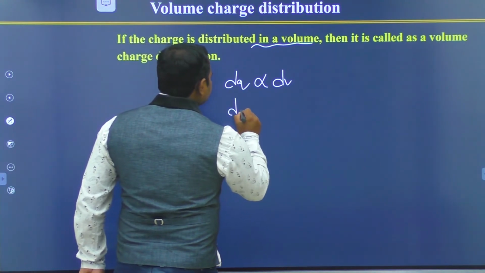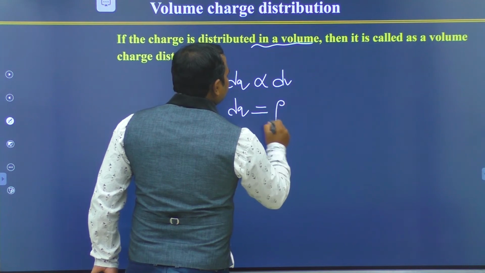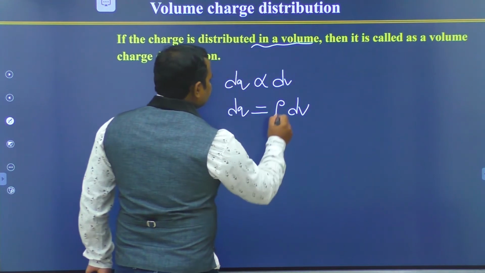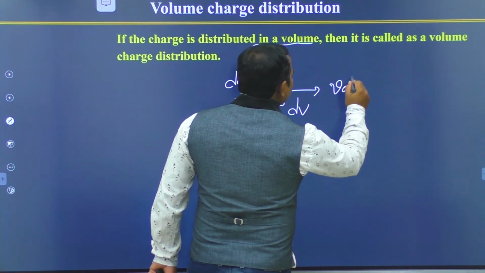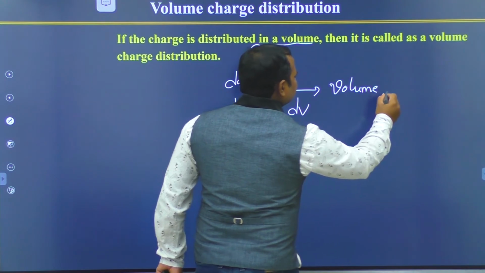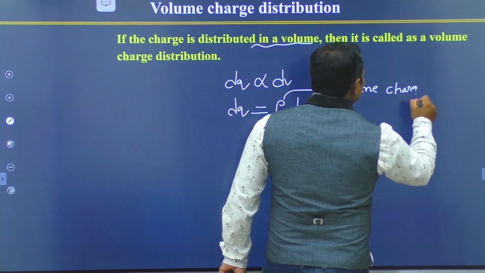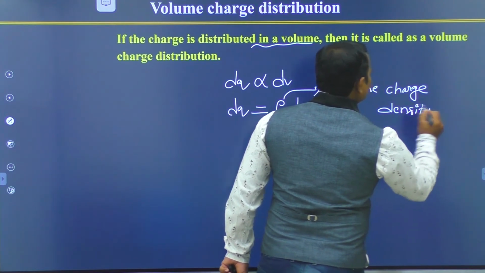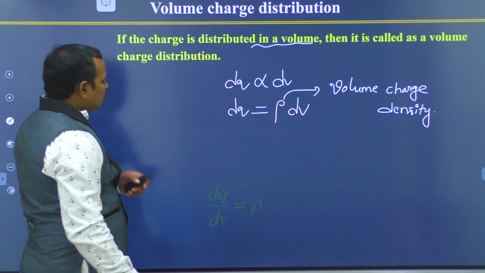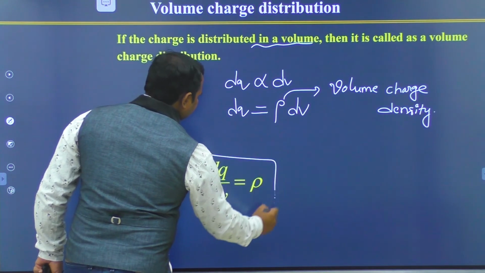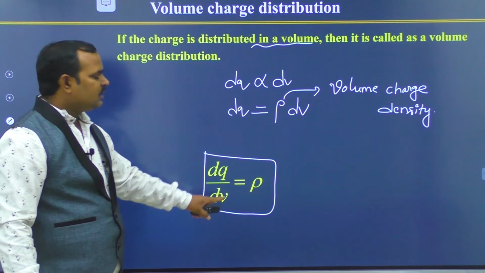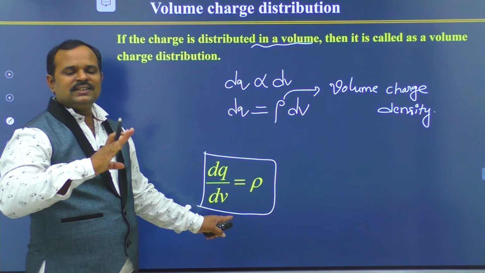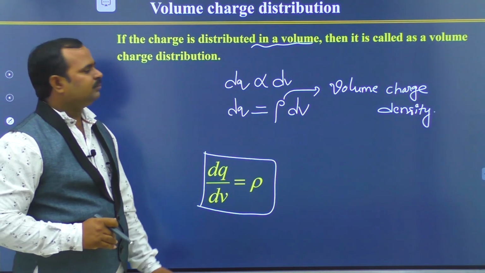If you replace this proportionality constant with the volume charge density rho, then rho is equal to dq by dV. The volume charge density is only valid when the charge is distributed throughout the volume of the material.